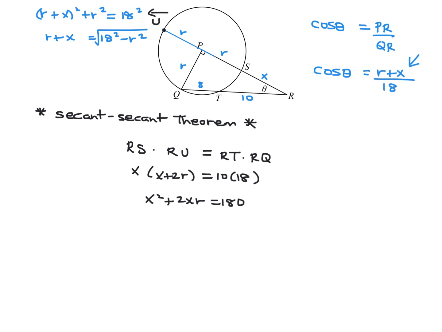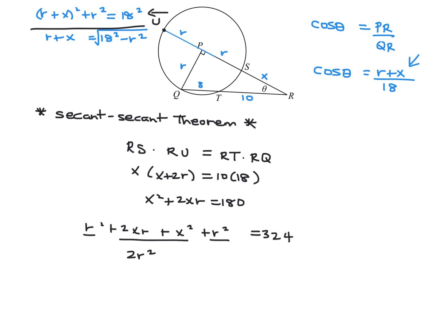So when I expand that, it'll be r squared plus 2xr plus x squared plus r squared. If you expand this, it is 324, correct? But the good news is, first let me just group those two. And then this one, 2xr plus x squared, is 180. So that's the good news, I guess.